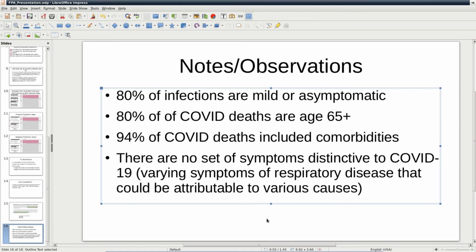I'm not saying that this isn't an issue and that there's not a virus causing suffering out there, but it's my suspicion that it's overblown. It's exaggerated, and it's pretty clear to me that the media is trying to scare the hell out of us.